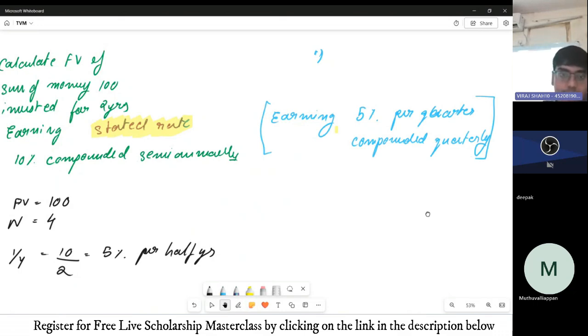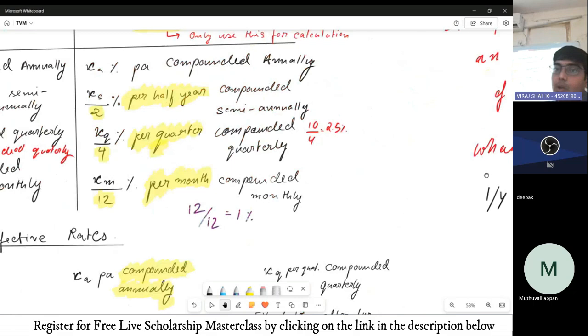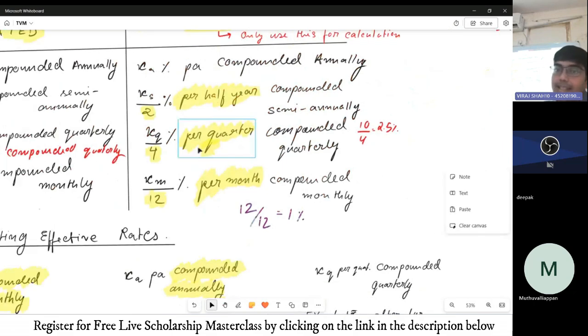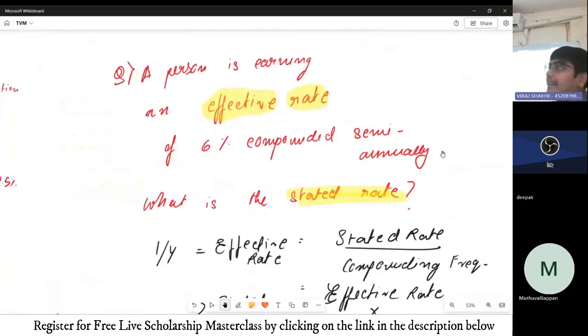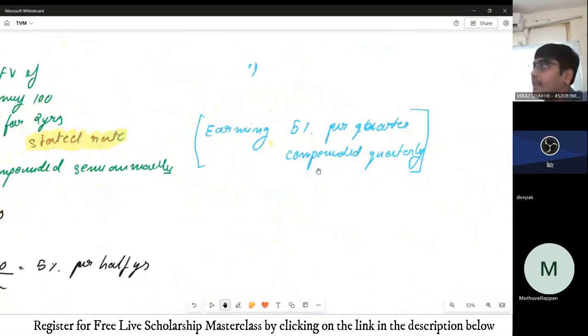Does this language look like this? Per quarter compounded quarterly. So this is the effective rate that they have given, without mentioning the word effective. So this is also the effective rate.